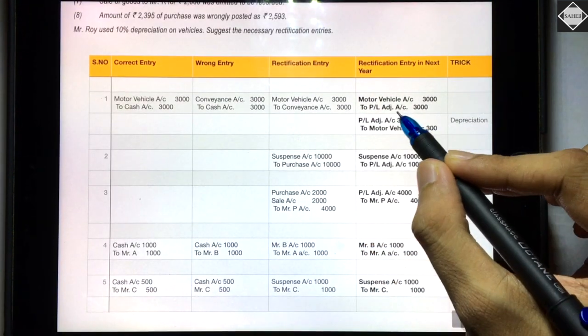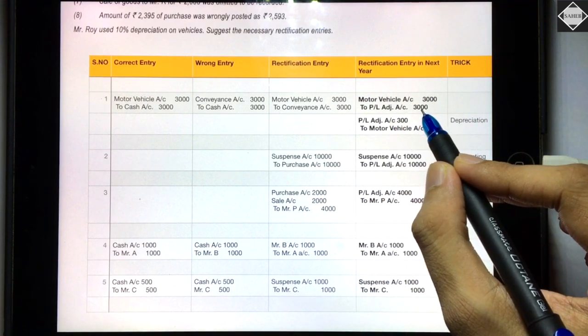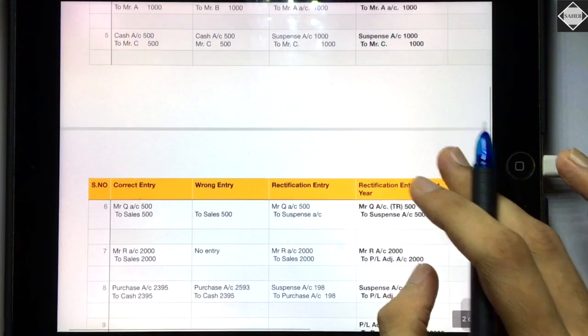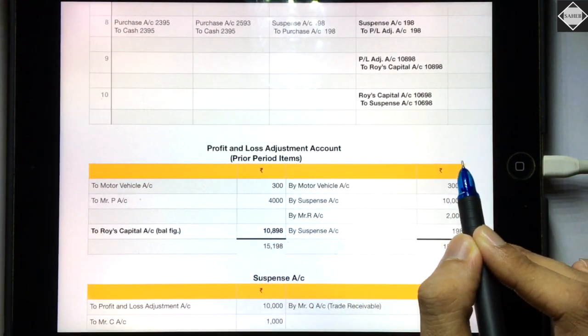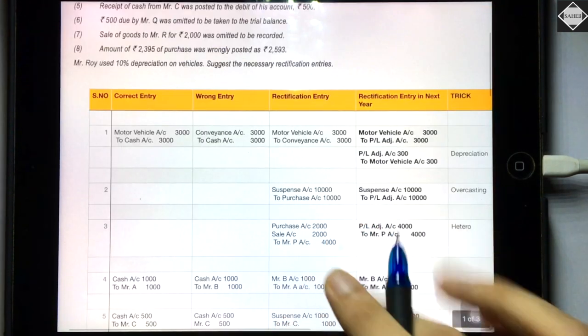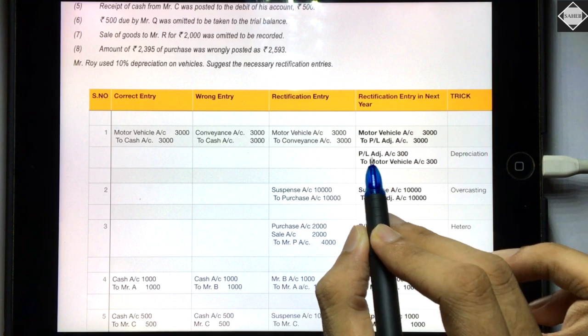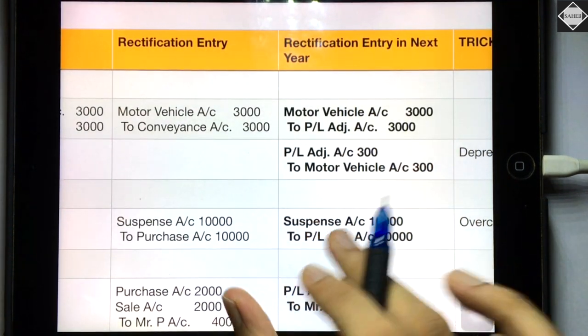See here, P&L adjustment account is getting credited in this first entry. So go to P&L adjustment account. It's getting credited because of motor vehicle account. And in the second entry, P&L adjustment account is getting debited because of motor vehicle 300.